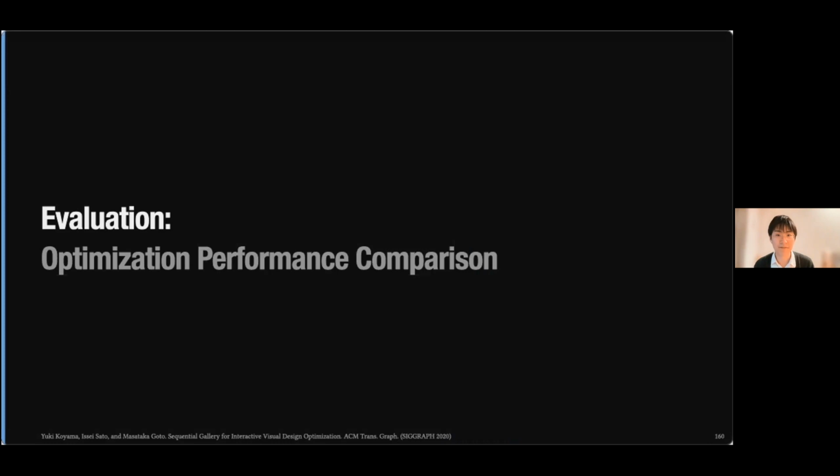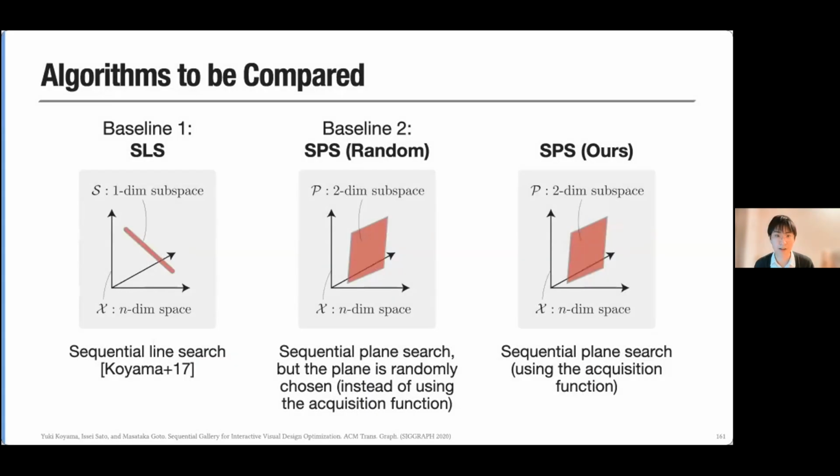Okay, so we evaluated the performance of the proposed method. In this experiment, we considered these 3 conditions. The first 2 are the baselines, and the last one is the proposed algorithm. The first baseline is a sequential line search from the previous work.